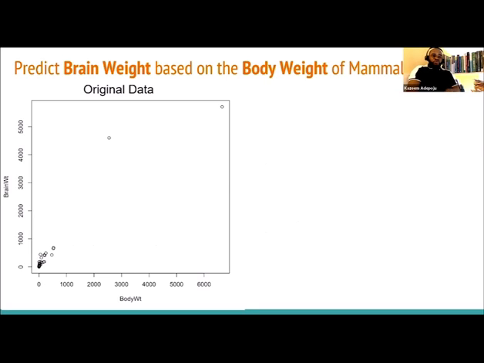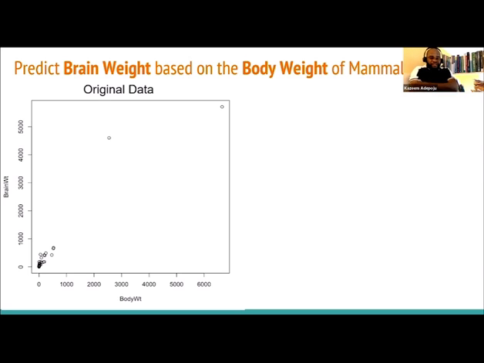I'm going to walk you through another example that you're actually going to like, where we want to predict the brain weight based on the body weight of mammals. We want to see whether, using the body weight of mammals, we can actually predict the brain weight.